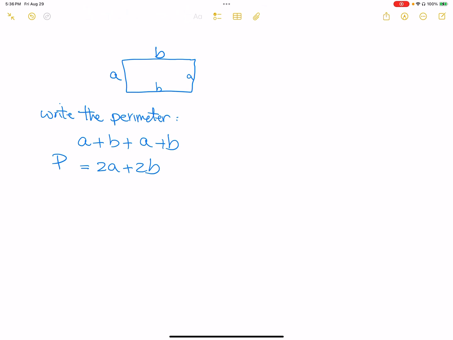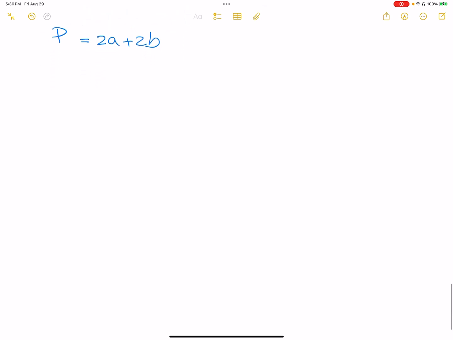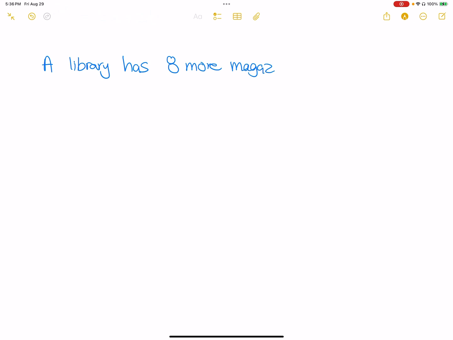Now, how do we apply this in real life? Or let's do a little bit more advanced word problems. So let's say they say a library has 8 more magazines than newspapers.